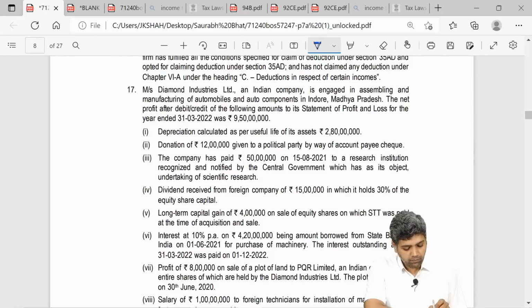It says, Messrs Diamond Industries Limited, an Indian company, is engaged in assembling and manufacture of automobiles and auto components in Indore, Madhya Pradesh. The net profit after debit or credit of the following amounts to statement of profit and loss for the year ended is 9 crore 50 lakhs.